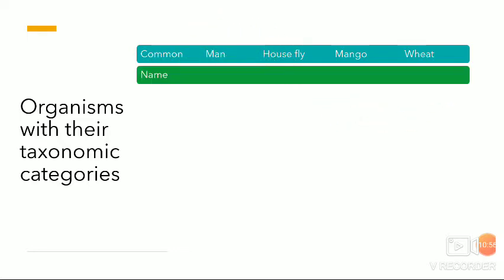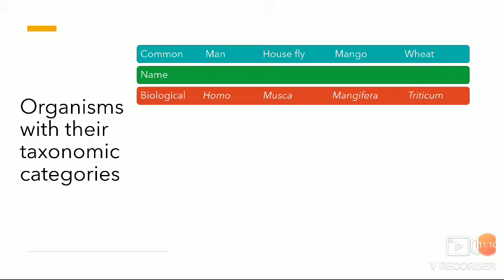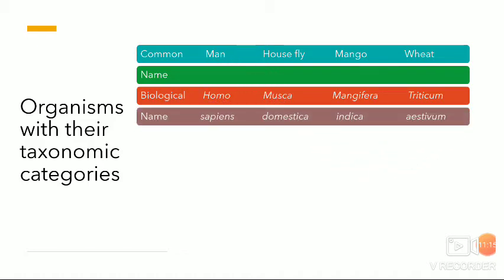So I'm telling about man, housefly, mango and wheat. These are different organisms. So how will we write their names or their classification in the binomial nomenclature? This is the biological name.